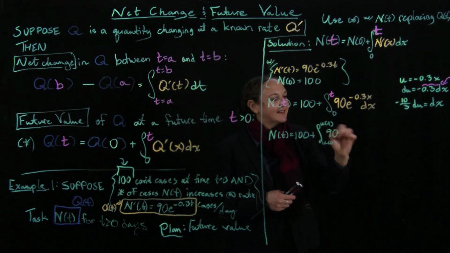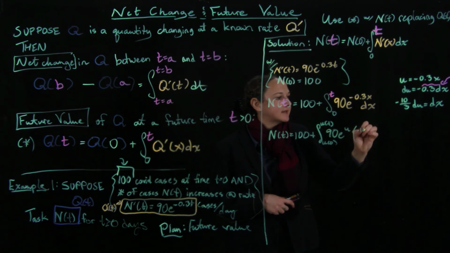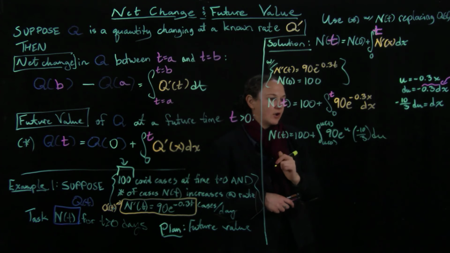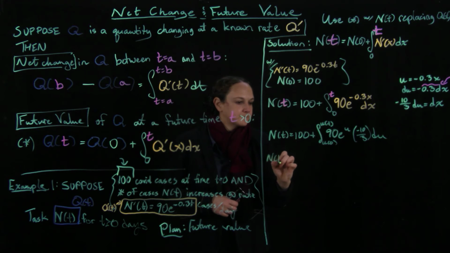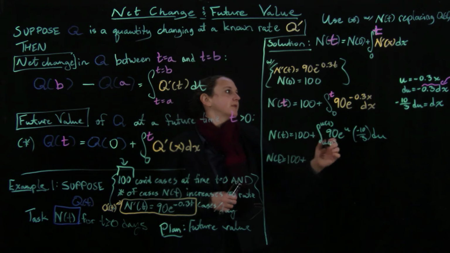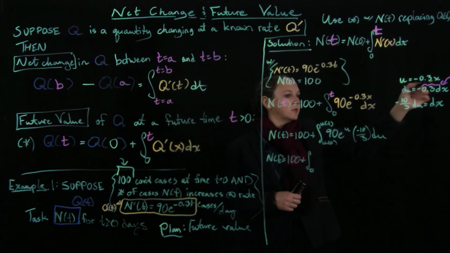Okay, 90 e to the u, and I replace dx here with my minus 10/3 du. Now that this is all in terms of u, I'm going to get N of t equals 100 plus, so u of 0, I'm putting 0 into there. I get out 0 actually, because I just substituted it into u here.